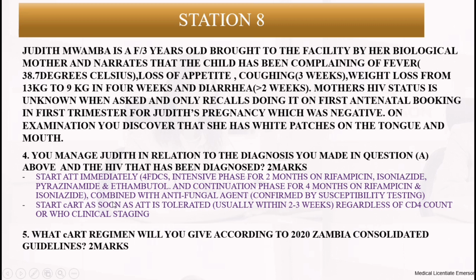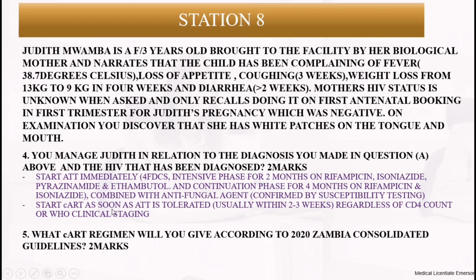Then of course ATT, you combine it with an antifungal agent, which should be confirmed by susceptibility testing. So you have to know which antifungal the causative organism will be susceptible to.